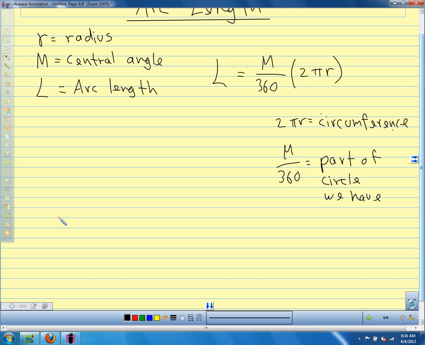So let's look at a quick example of calculating an arc length. So we want the length of arc AB, and here's our circle.